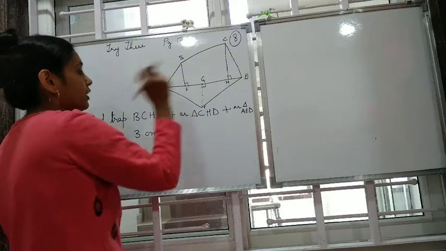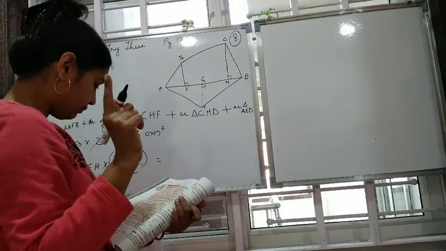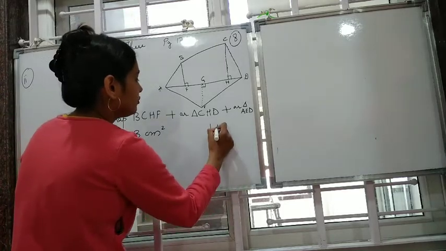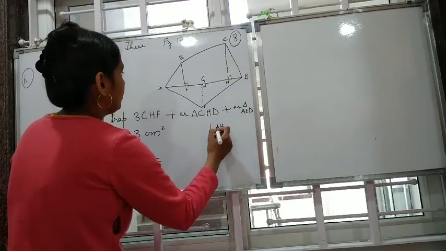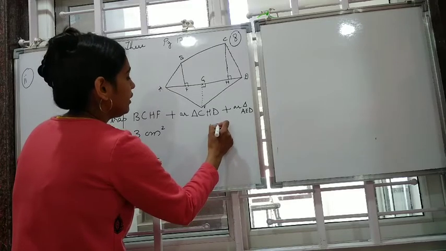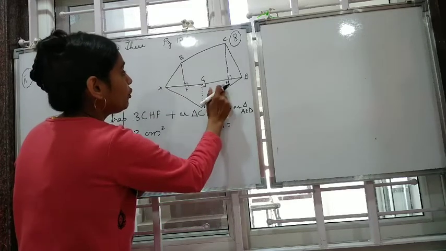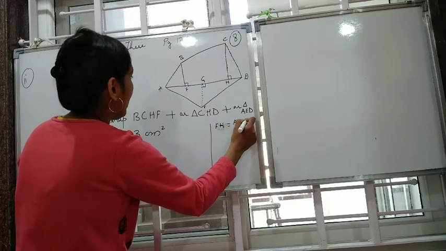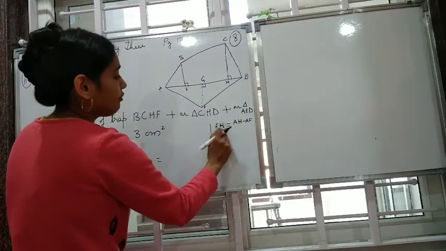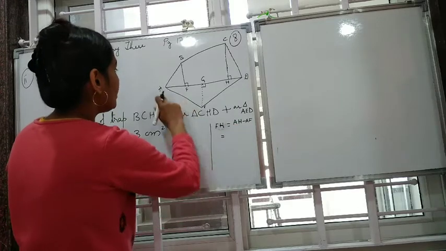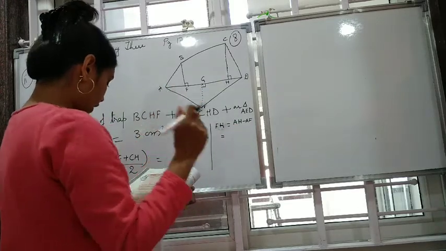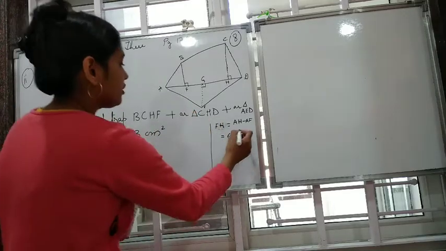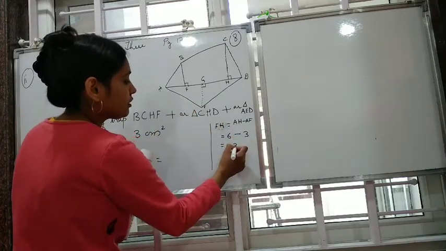So how much is AH? AH is 6. FH is equal to AH minus AF, and we will come to know FH. AH is 6 and AF is 3. 6 minus 3 is 3.